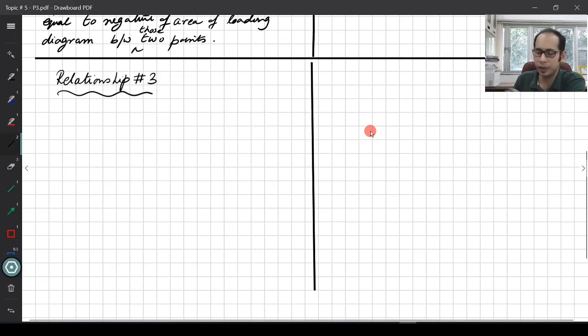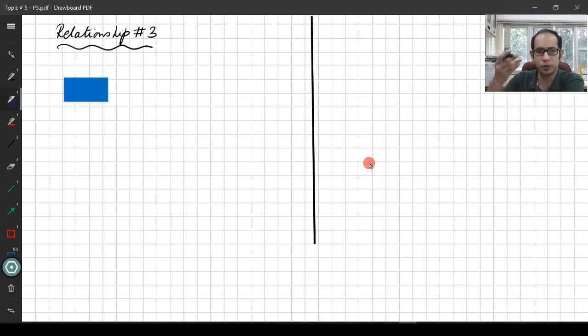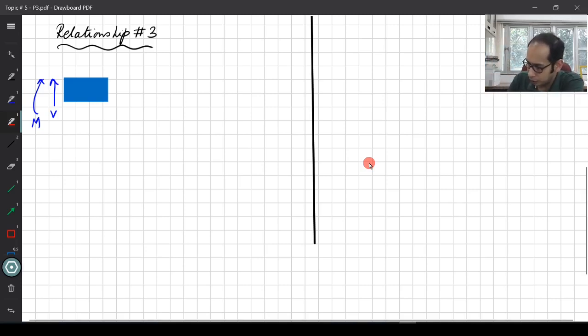In relationship 3, suppose we are looking at a small element as we were before, and at the left end it has, by our regular convention, V and M. On top of this element, instead of the distributed load, I have a concentrated load.